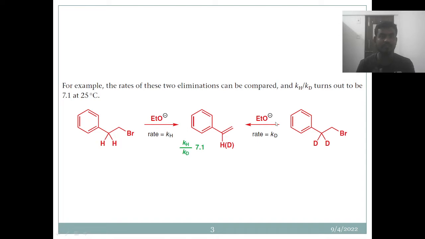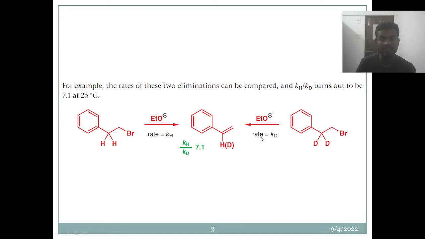This equation is written like this. For example, the rates of these two eliminations can be compared. Again, as I said, we will be comparing the CH bond with the CD bond. On the left we have CH and on the right we have CD, and Kh by Kd turns out to be 7.1 at 25 degrees Celsius.